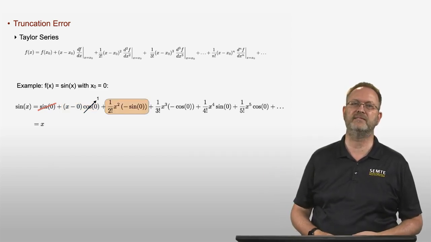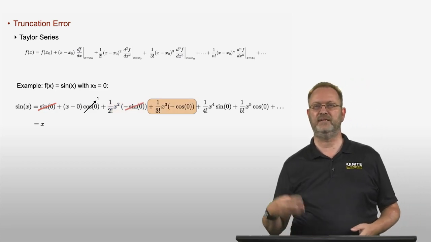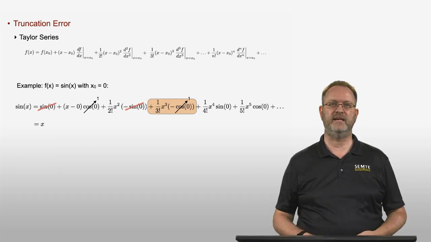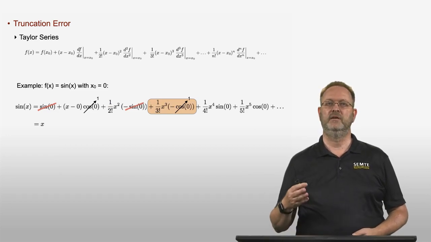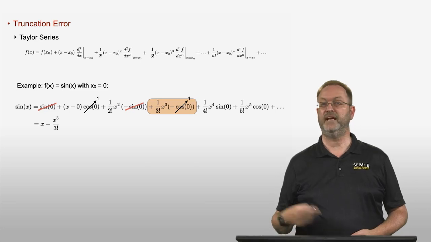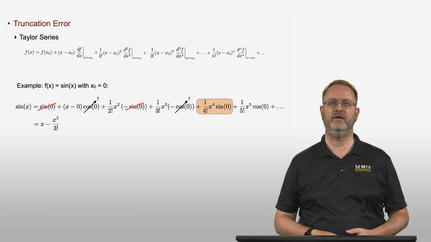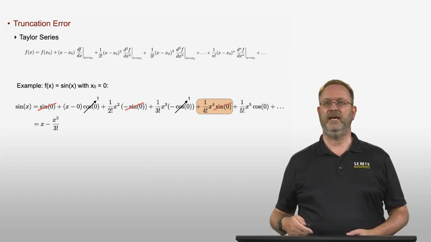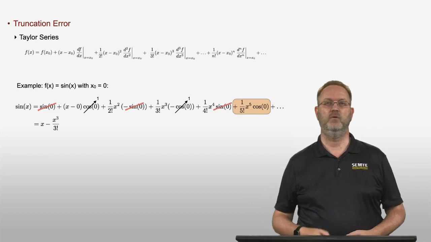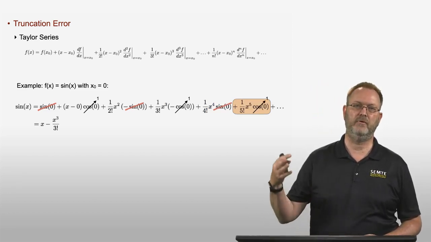And then we have plus 1 over 3 factorial, so that's 1 over 6 times the cosine of 0, which is 1, and the minus sign, so we have minus x cubed divided by 3 factorial. The next term contains a sine of 0, which is 0, so that term drops out. And then we have again the cosine of 0, which is 1. So plus 1 over 5 factorial times x to the power 5.